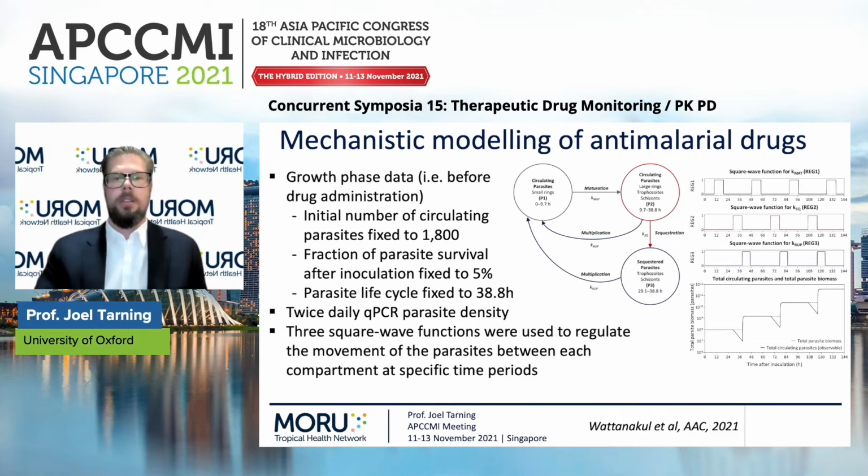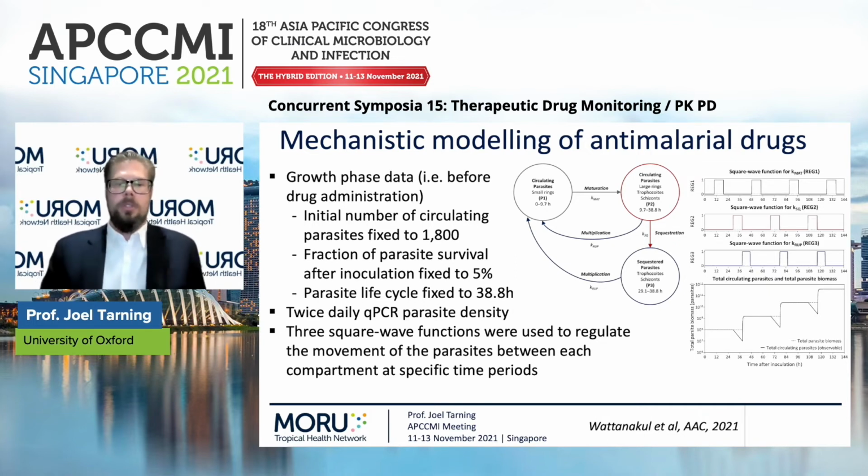And we assume that the sequestration starts from about 29 hours and forward. And that's trophozoites and schizonts that adhere to the blood vessel walls. And therefore, they're not circulating in the blood, and we can therefore not measure them. We then have a multiplication of these older parasites that feeds back into small rings. So that's a multiplication rate that is estimated that replenishes this compartment with new parasites.